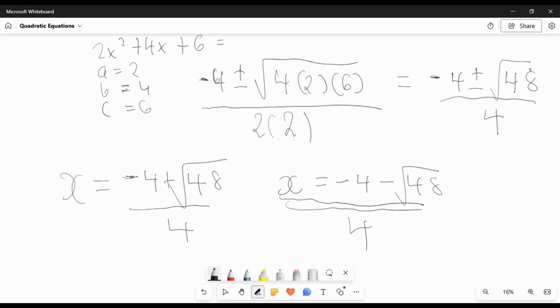And voila, these are all our x values. So these are our x values since 48 is not a perfect square, so we don't need to go any further.